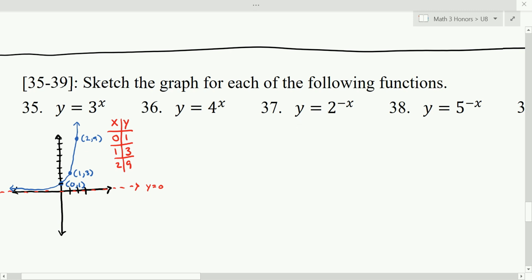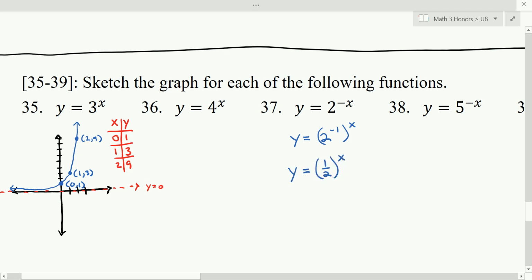So number 37, I would rewrite this as y equals 2 to the negative 1 to the power of x, right? Because negative 1 times x is negative x. And what's 2 to the negative 1? 1/2. So this is the same thing as y equals 1/2 to the power of x.